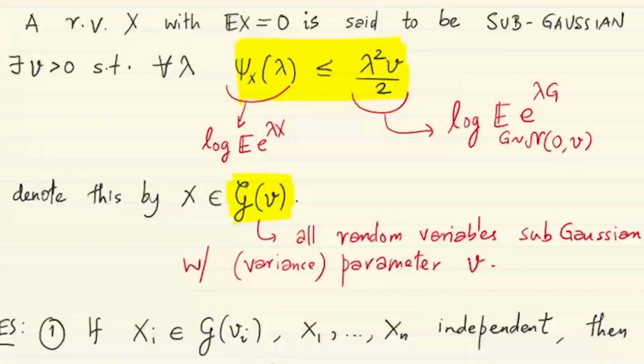So G of v is the class of all random variables which are sub-Gaussian with variance parameter v. And so we'll use the notation x belongs to calligraphic G of v if x is zero mean and it is sub-Gaussian with this variance parameter v.